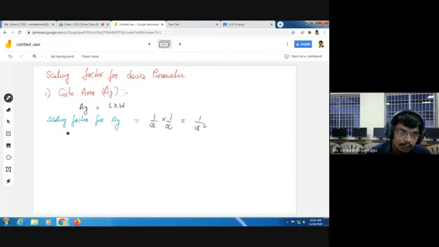Next we will calculate the scaling factor for gate capacitance per unit area.